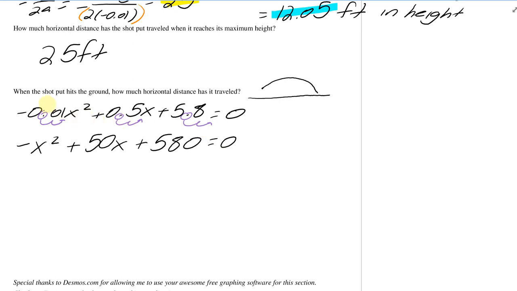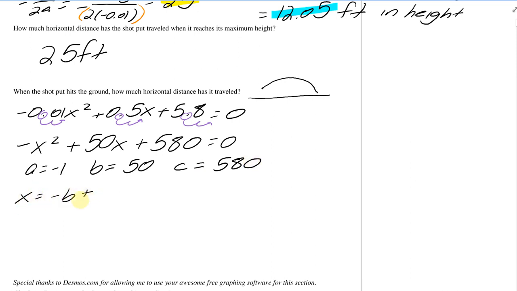So you can use decimals or whole numbers, whichever you prefer, to do the quadratic equation. In this case, my A is equal to -1, my B will be equal to 50, and my C will equal 580. Or if you do decimals, that's fine too. So from here, I've got x equals -b plus or minus the square root of b squared minus 4ac, all of this divided by 2a.